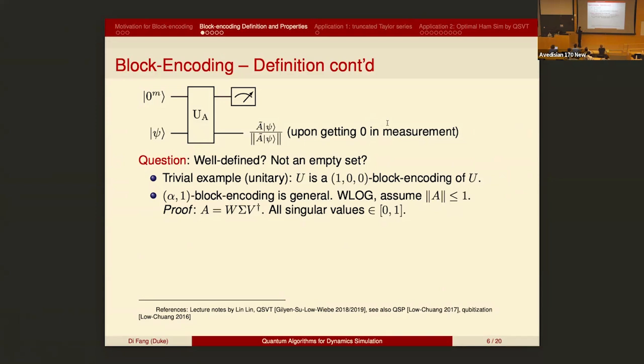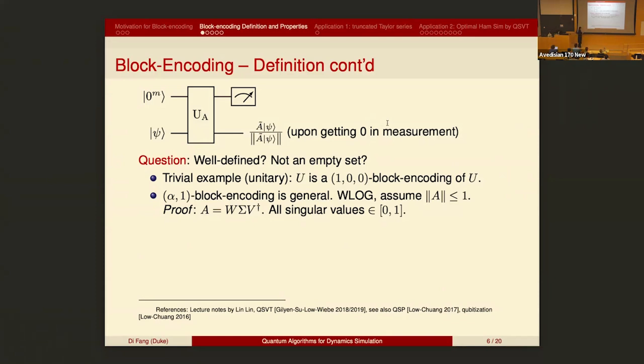We know that any matrix always has a singular value decomposition, where sigma is a diagonal matrix with the singular values. Not all matrices are diagonalizable, but all matrices have a singular value decomposition, which is pretty cool.